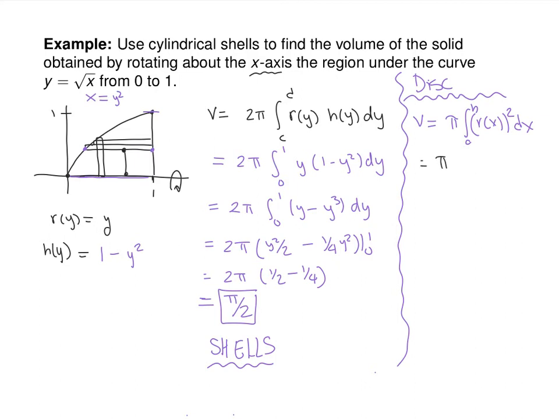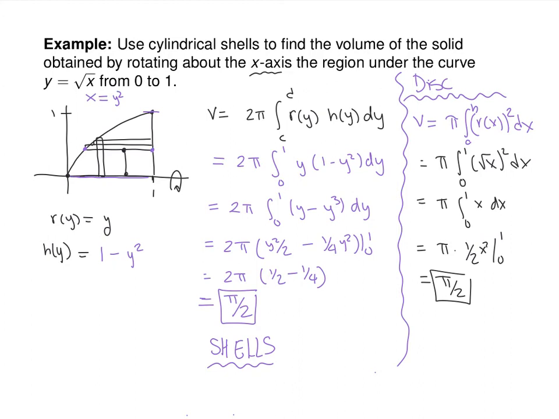That's pi integral 0 to 1, technically x values, root x squared. And holy moly, you just get pi integral 0 to 1 x. Super easy, right? Pi times 1/2 x squared. And once again, we get pi over 2. So some problems you can do both ways, and sometimes one method is preferable, even though technically both of them work.